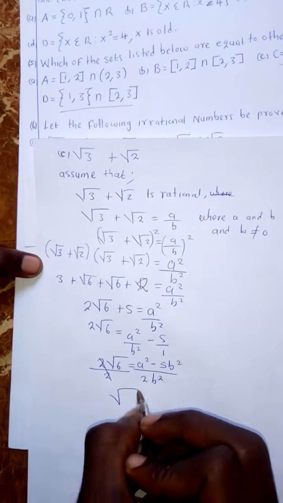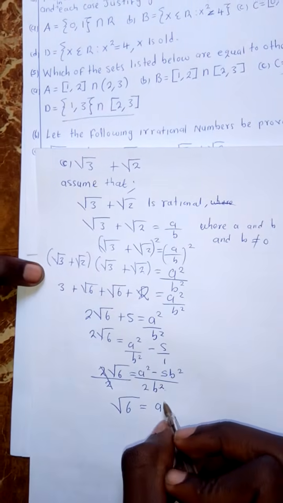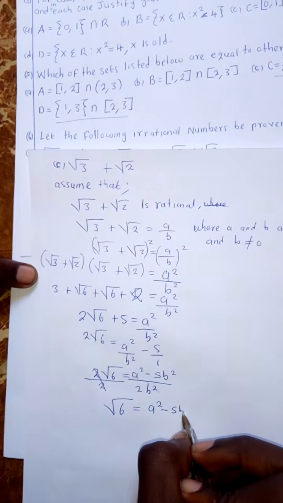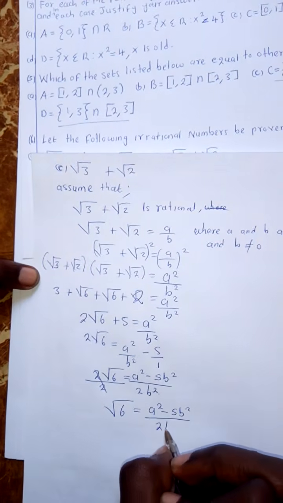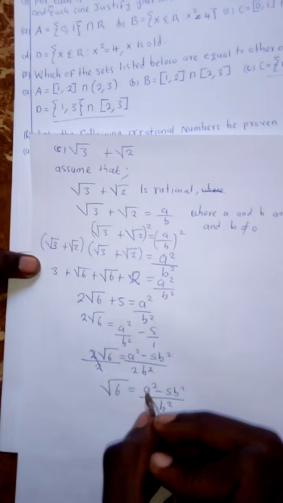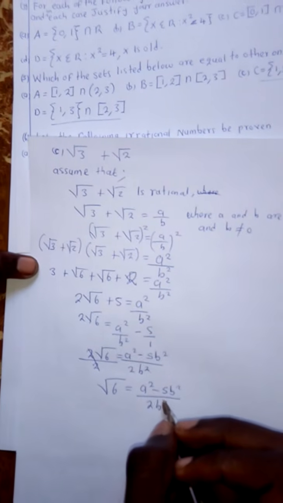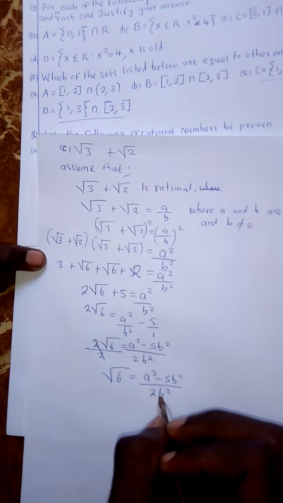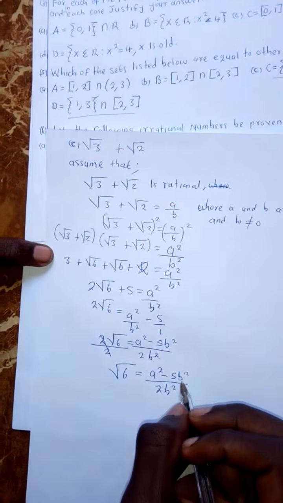So we're going to have the root of 6 equal to A squared minus 5B squared over 2B squared, like this. Now, we know that these are all integers, okay? Whatsoever value you put here, it's going to hold.